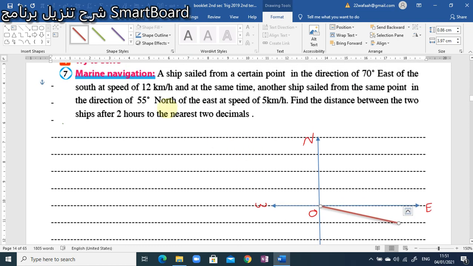And the second ship sailed from the same point in the direction 55 north of east. North of east will be here, like this.